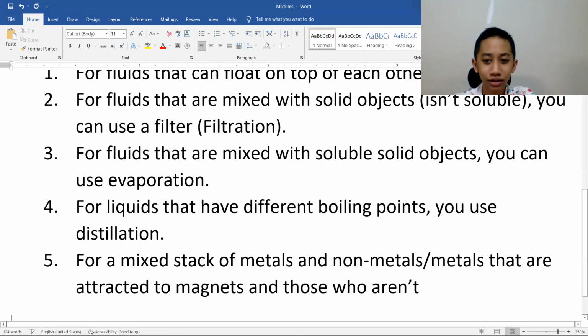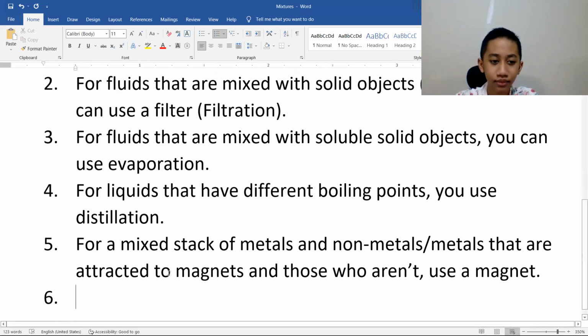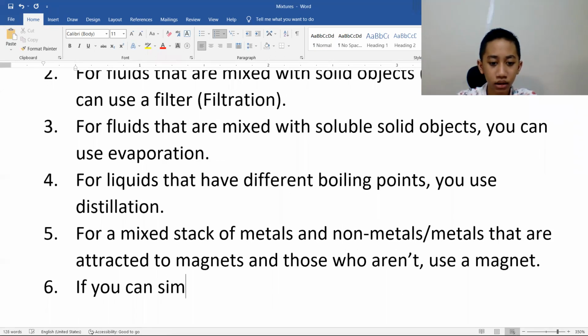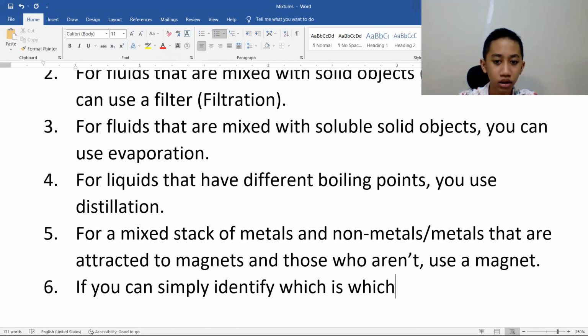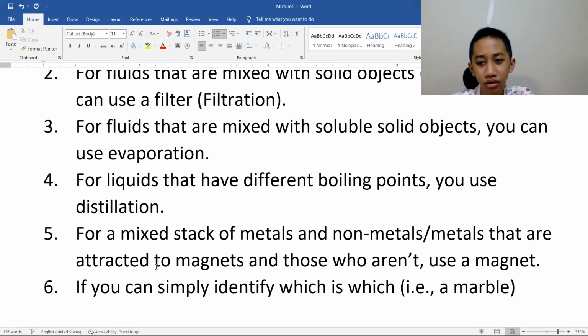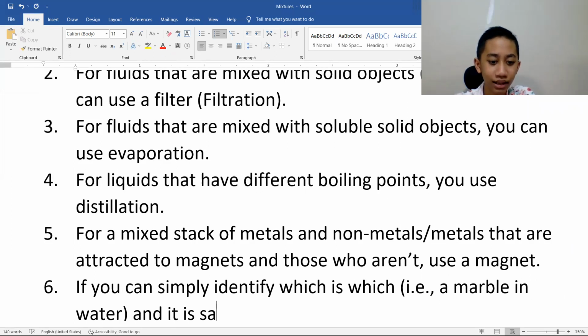Number 6. If you can simply identify which is which, let's just say marbles in water, and it is safe to pick up, and not hot, not 100 degrees Celsius.